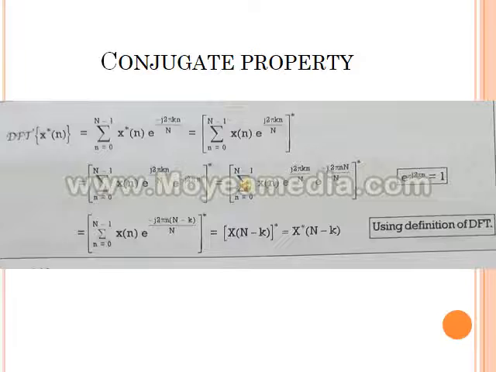When we rearrange this equation, this is nothing but the conjugate of capital X of N minus k, or we can write it as X star [N minus k]. This is what we want to prove. This is the conjugate property.